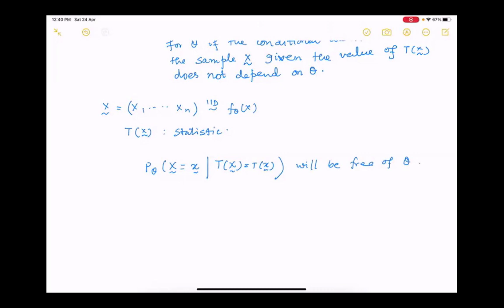So that is what it will be, something like h of x tilde. It will be a function of only the sample.